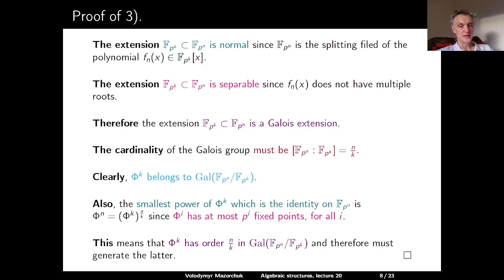And this means that phi to the power k has order n divided by k in our Galois group. Since our Galois group has cardinality n divided by k, it follows that phi to the power k generates this Galois group. And this completes the proof of claim 3 in our theorem.